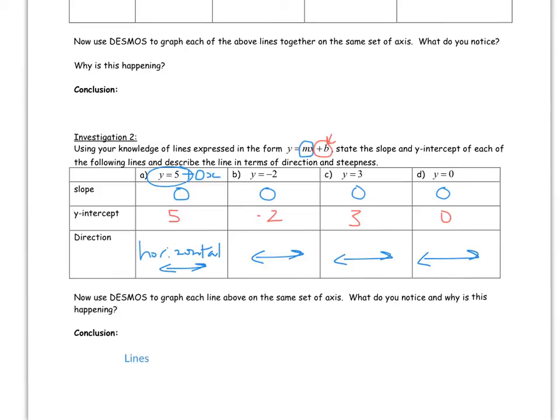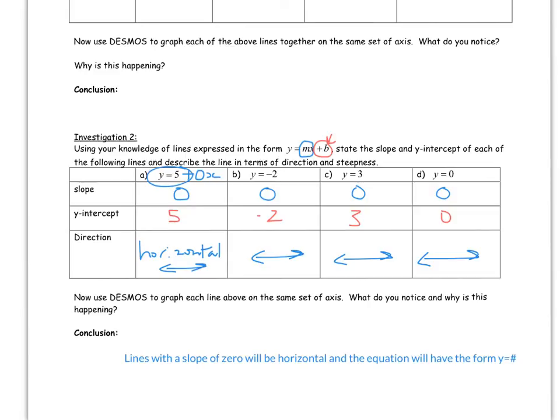Lines with a slope of 0 will be horizontal, and the equation, so this is the important part here, the equation will have the form y equals a number.